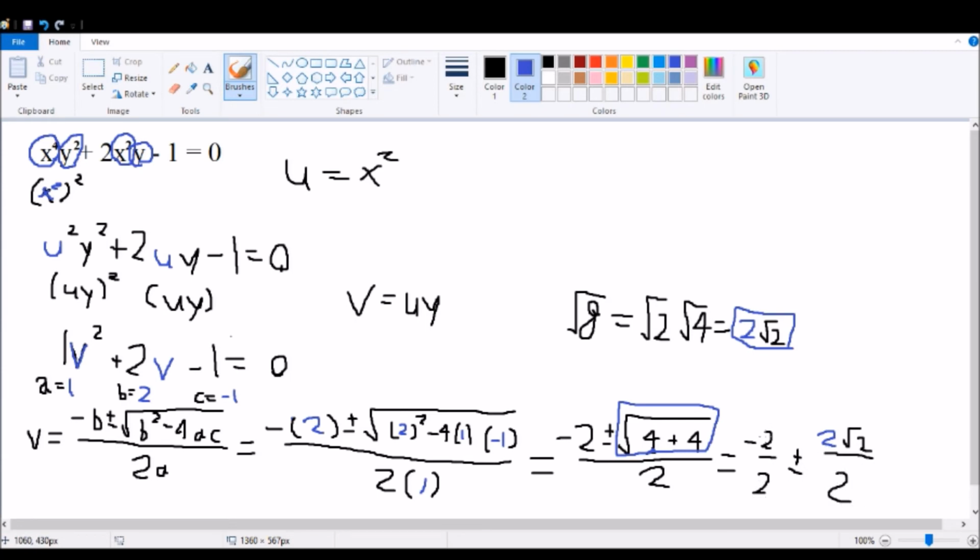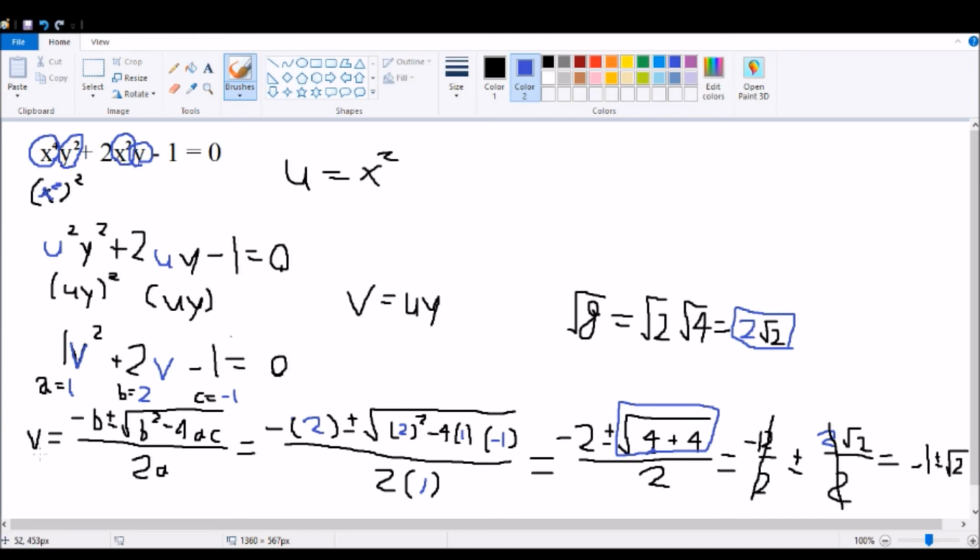And so you can see here that the -2 and the +2 will just cancel out and have a -1 at the end. And then here we have a plus or minus 2 times the square root of 2 over 2. So we can just cancel these 2's out here as well, and we'll just be left with the square root of 2. So we're going to have -1 plus or minus the square root of 2 as our v value.